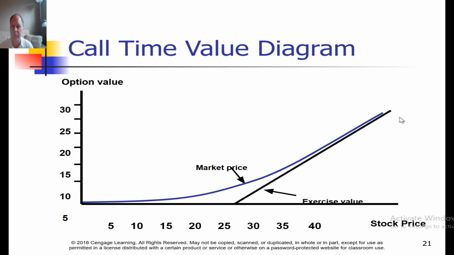Here you're pretty much guaranteed that the option will have an intrinsic value. So in both cases, on the far left and the far right, there is very little uncertainty, so the time value is close to 0. But right at the center, when the stock price equals the strike price, there is a lot of uncertainty about the future, and therefore a high time value.